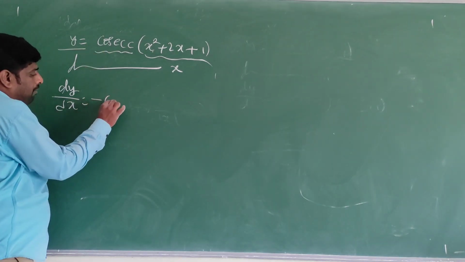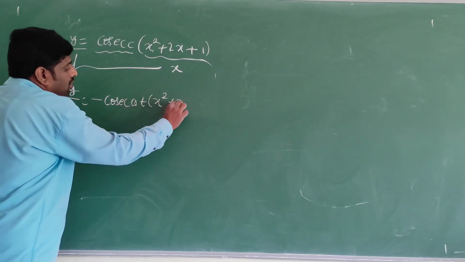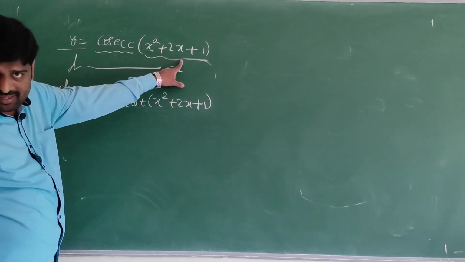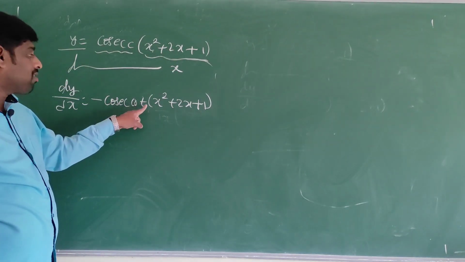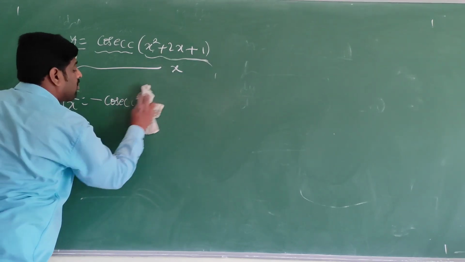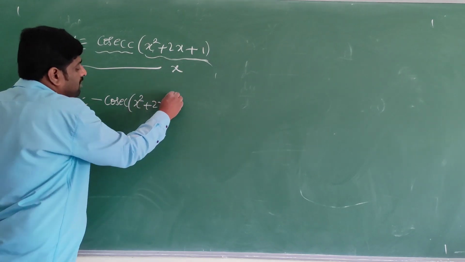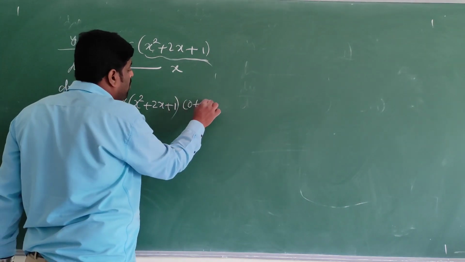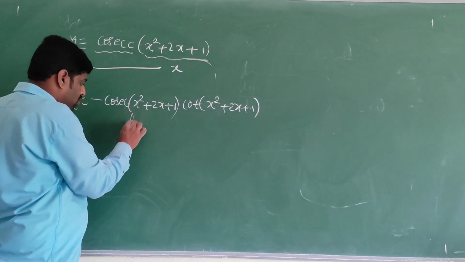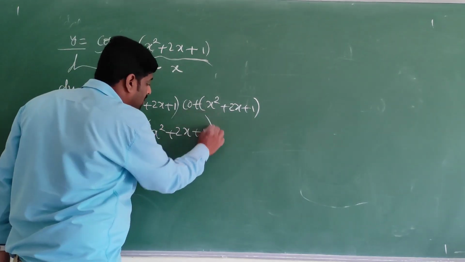Cosecant differentiation is minus cosecant into cot. Assuming this is x, cosecant x differentiation is minus cosecant x into cot x. That is minus cosecant of x square plus 2x plus 1, cot of x square plus 2x plus 1 into d by dx of x square plus 2x plus 1.